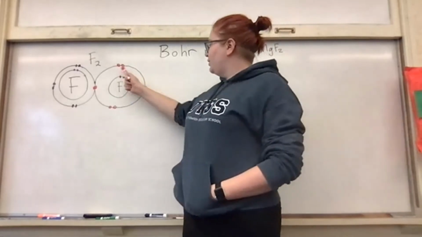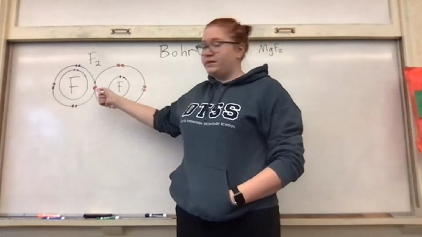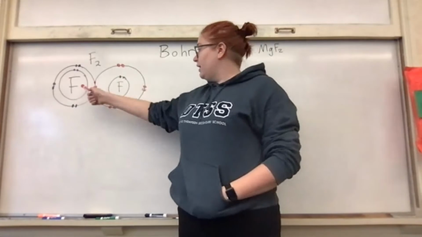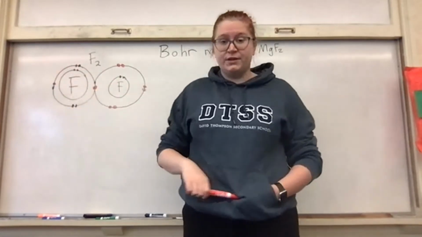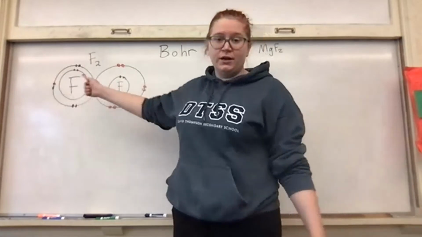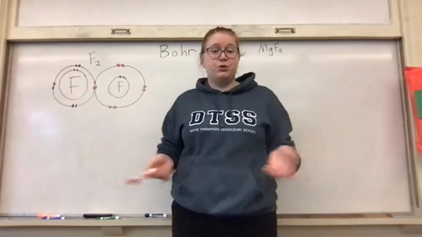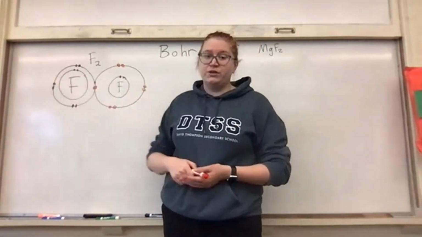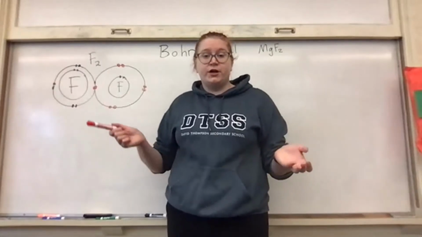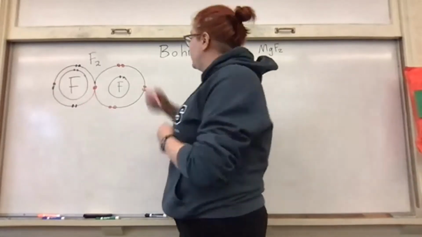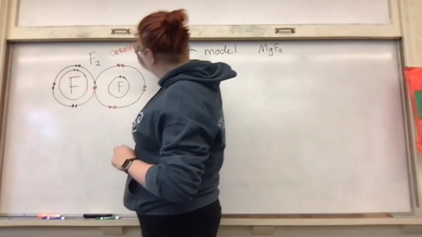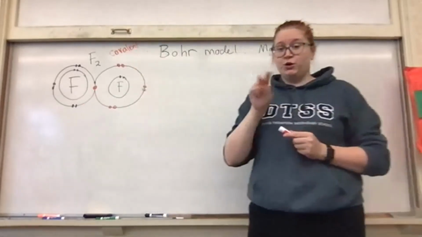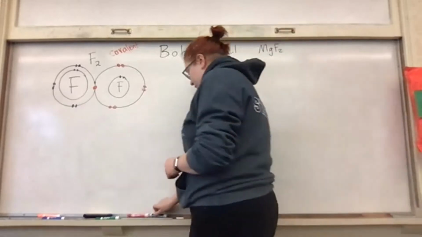See how there's still 1, 2, 3, 4, 5, 6, 7 valence electrons on each, but this pair of valence electrons in the middle is being shared between both. So now both these fluorines are stable, and that's how you draw a covalent bond in Bohr model. I'm going to show you 2 more examples, a little more complicated.